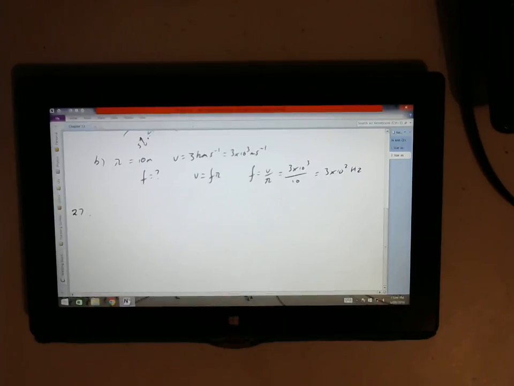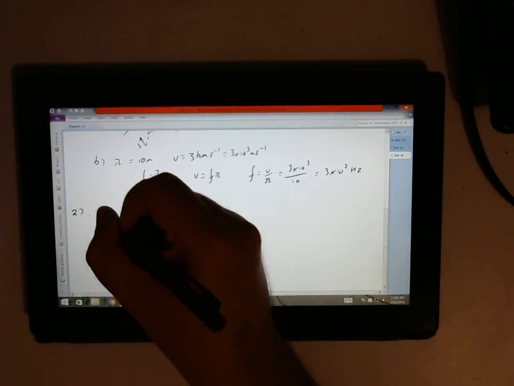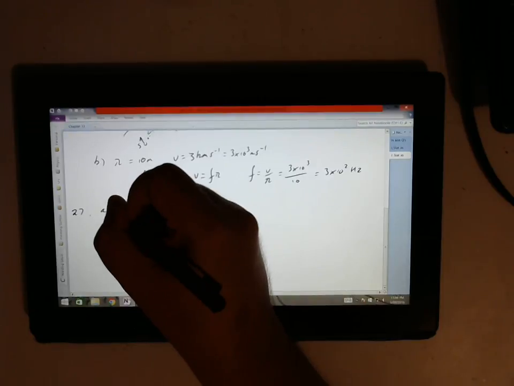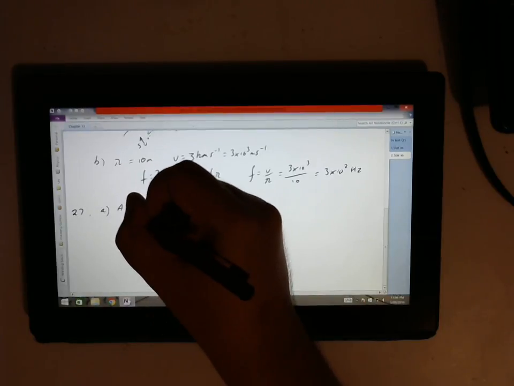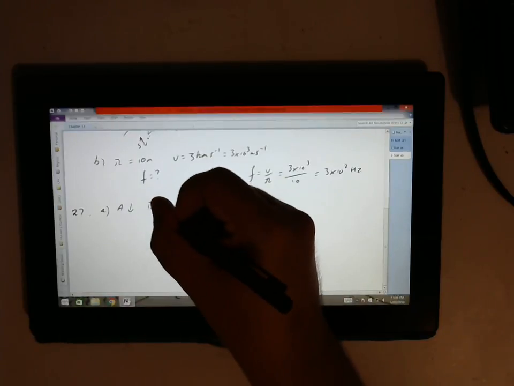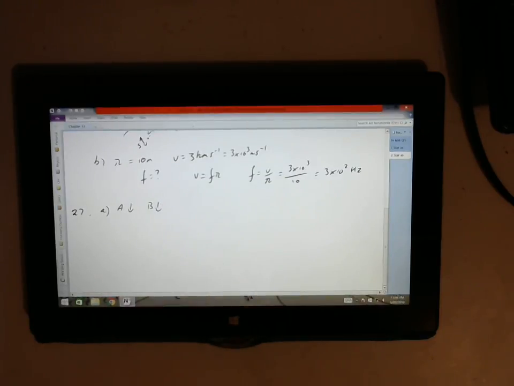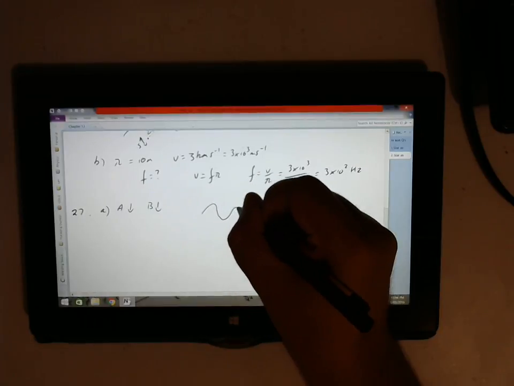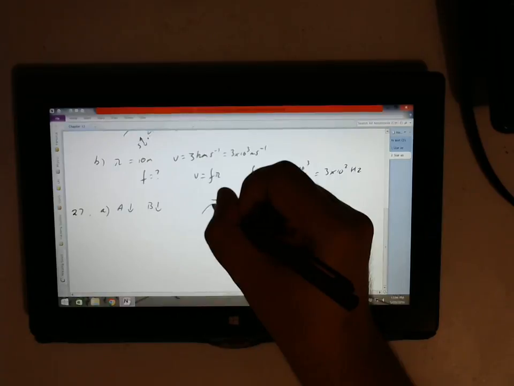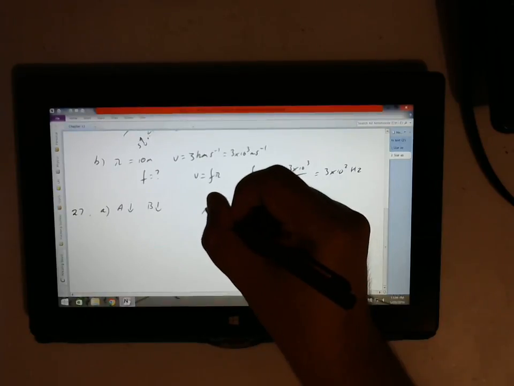So point A is right at the start there. So let's see, point A for diagram A is going to go down, and B will also go down. Because if I just draw a wave quickly, and if it's going that direction, this point's going to go over to here, this point's going to go over to here, this point's going to go over to here, which means B would move down.